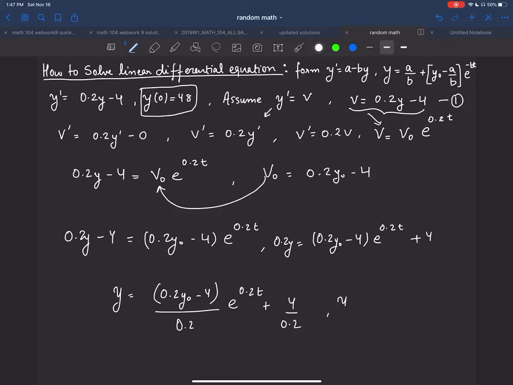So I'm going to simplify this a bit. This could be written as y0 minus 4 divided by 0.2, times e to the power 0.2t, plus 4 divided by 0.2. What I did is just put them separately. And 4 divided by 0.2 could be easily calculated. Let me just double confirm what that number is.